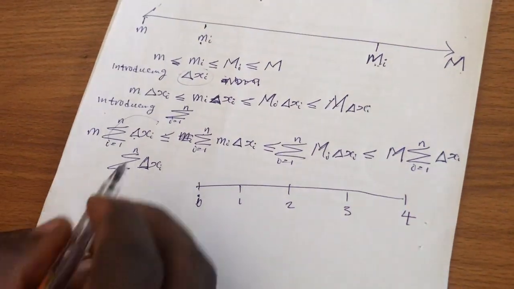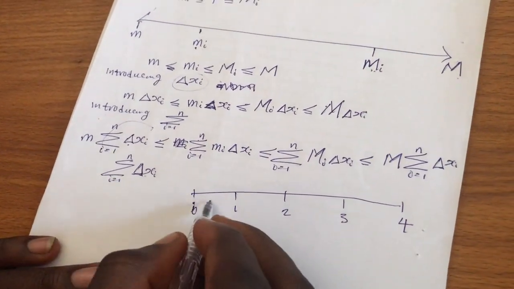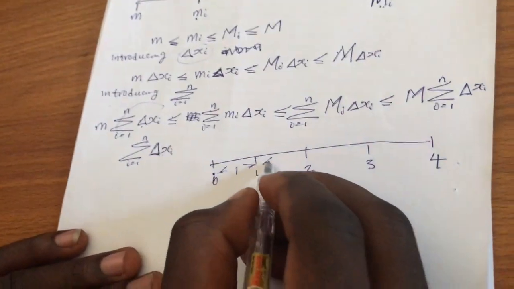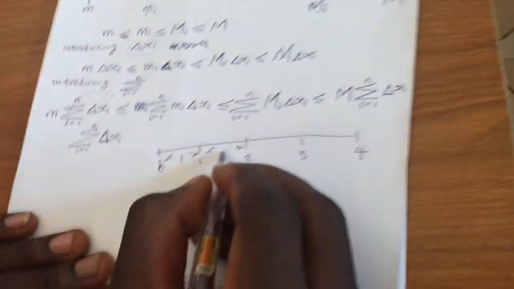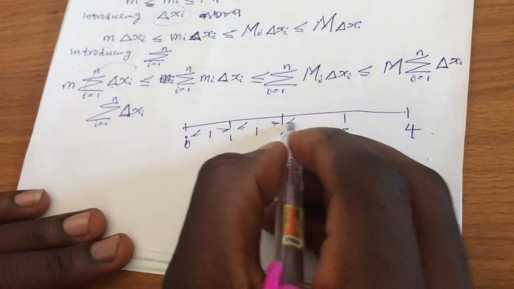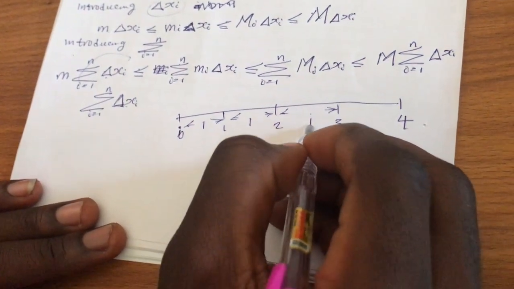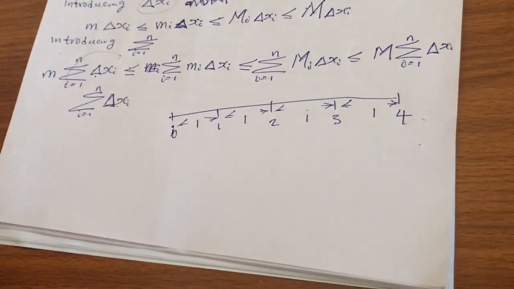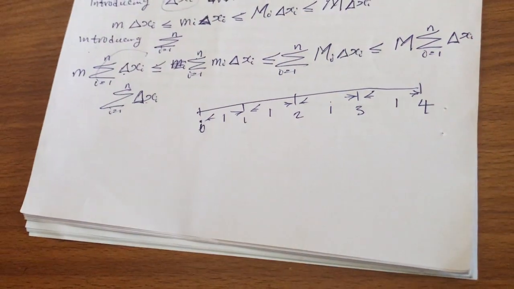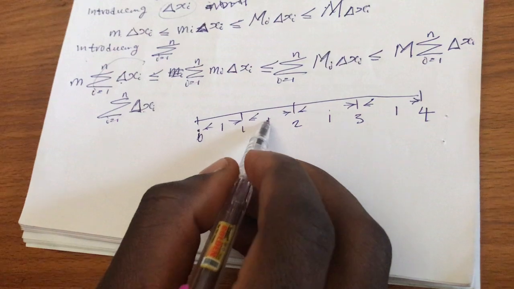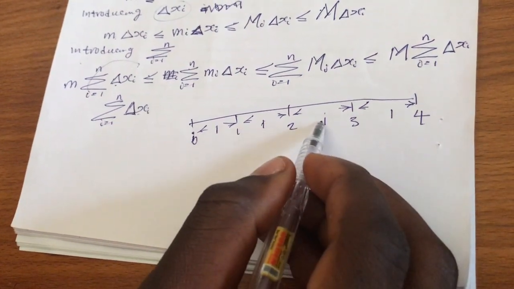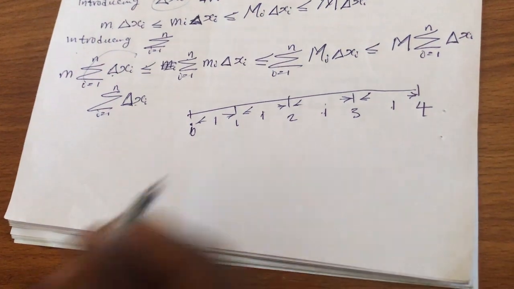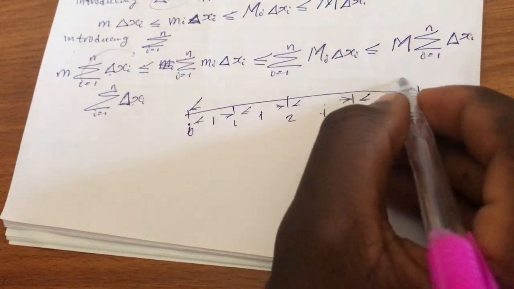We know that the distance from here to here is 1, from here to here is 1 also, and again 1, and again 1. Now, if you sum all the distances: 1 plus 1 is 2, 2 plus 1 is 3, 3 plus 1 is 4. Let's now calculate the distance from here to here.